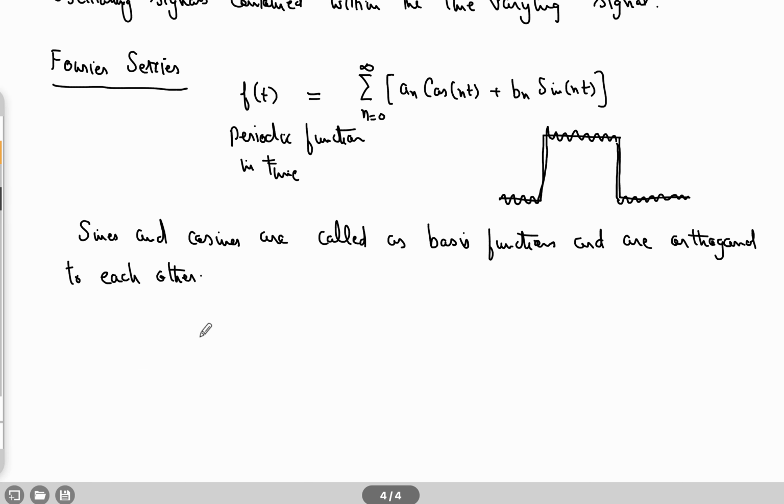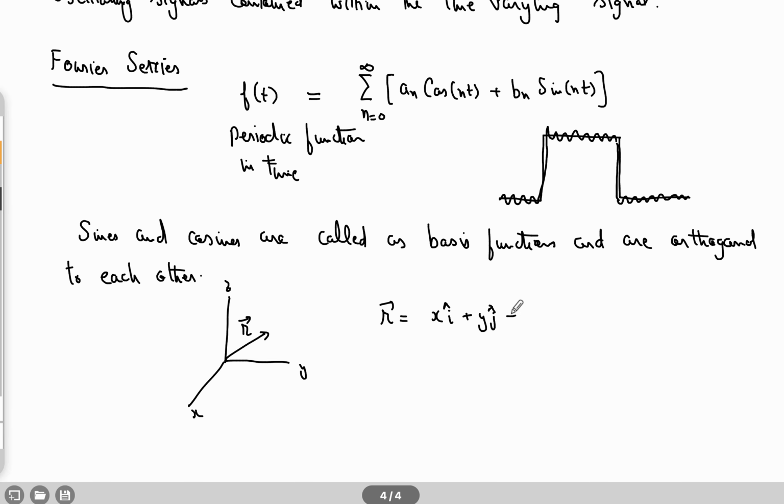Basically this is very similar to, let's say, a random vector r in a three-dimensional coordinate system. Any such vector r can always be decomposed into its components along the x, y and z axes.